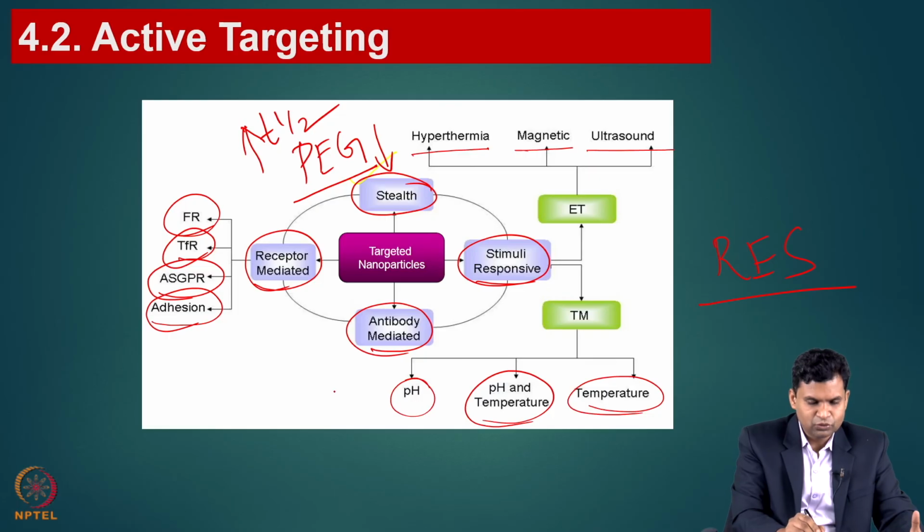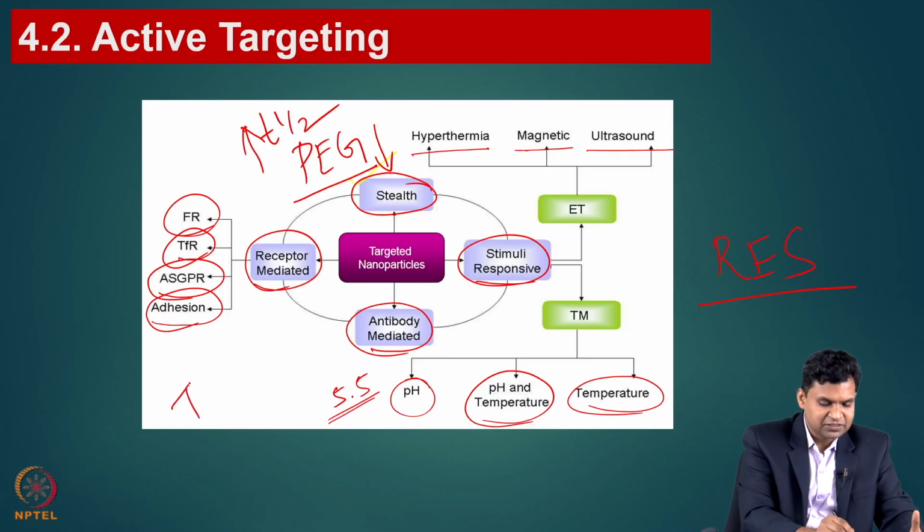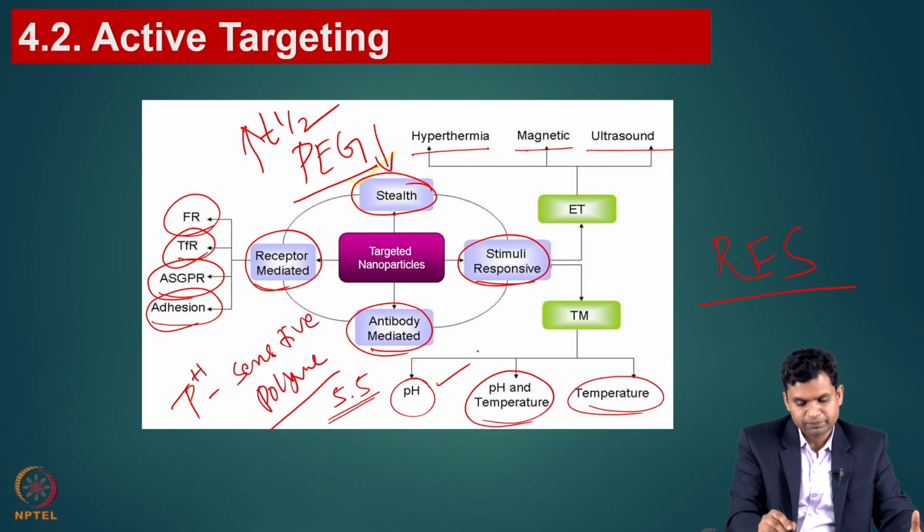So, pH: we know that in cancer cells the pH is near 5.5. To target this, what do you need to do? You need to select pH sensitive polymers, which can be used to target the cancer cells.